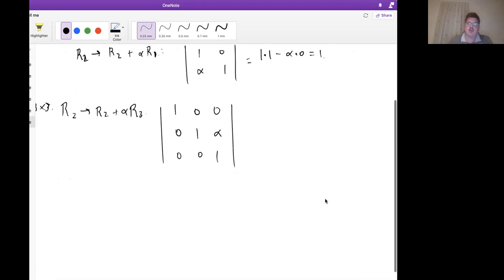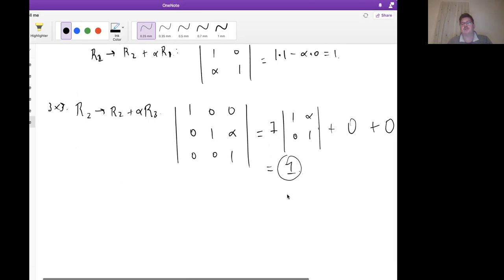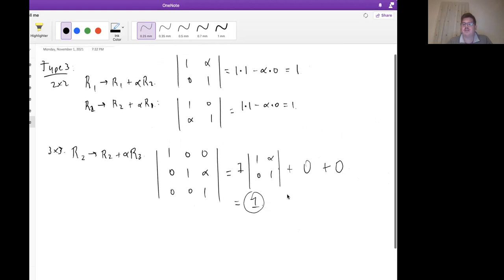Okay, so let's do this. It's 1 times 1 alpha 0 1 plus 0 plus 0, and also 1. So I think this is the most surprising thing: the type 3 operations, which are probably the most involved operation, have the most simple determinant.